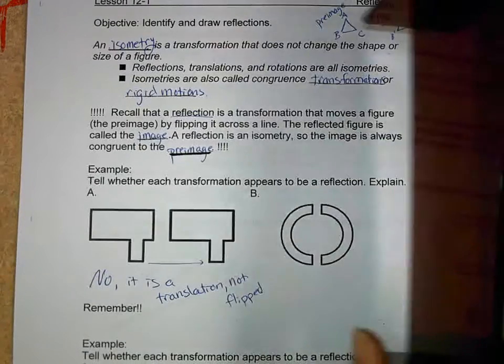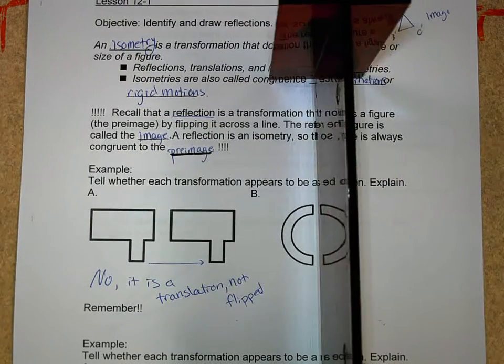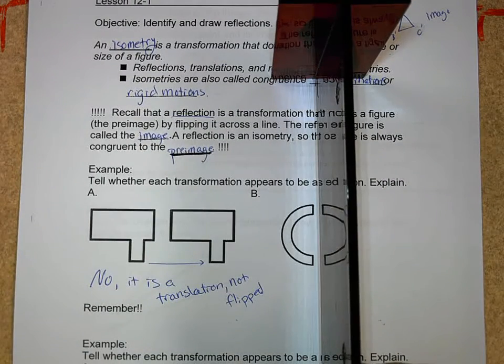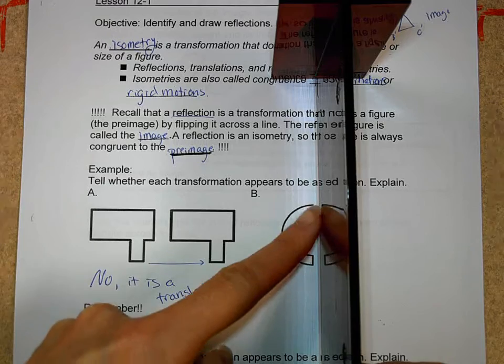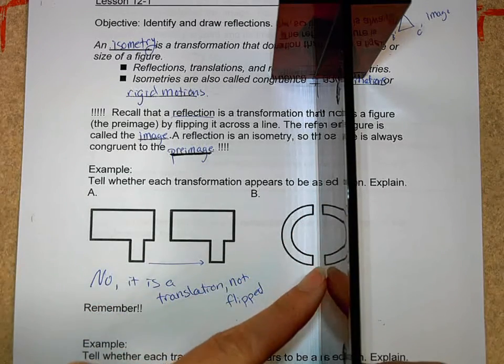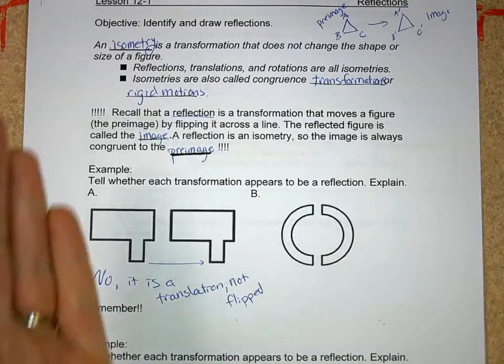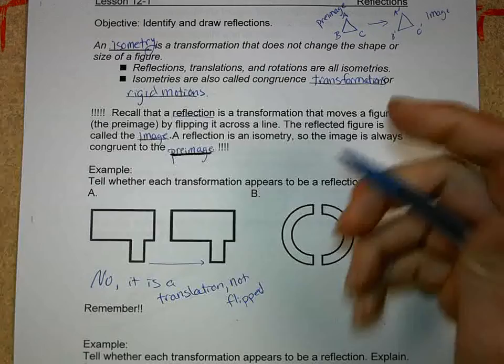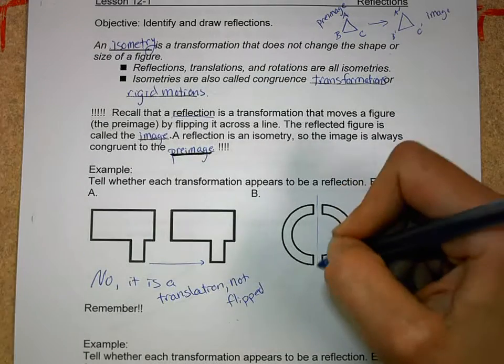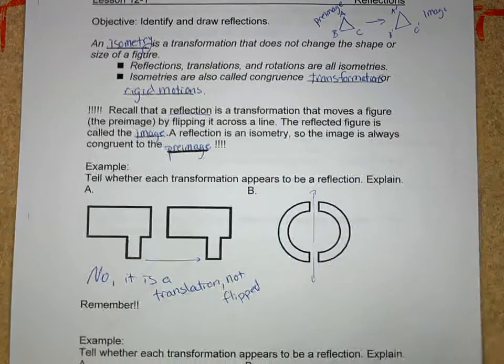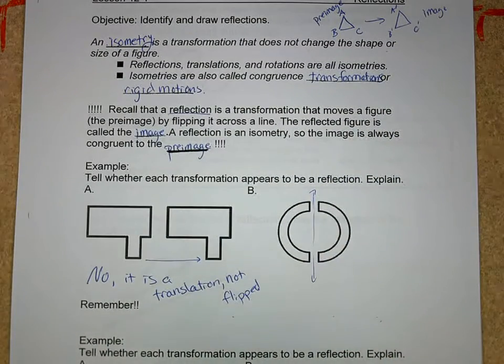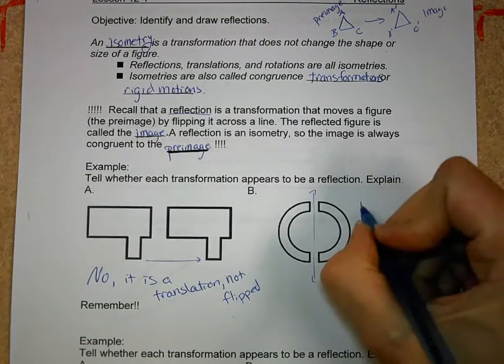Now if you look at this one here, if I look at my reflection of it, do you guys see the reflection in the mirror right there? You can see how it reflects across. Notice it's exactly the same size and shape. It looks like it flipped right over this line in the middle of it. So the cool thing is, let's put that down.